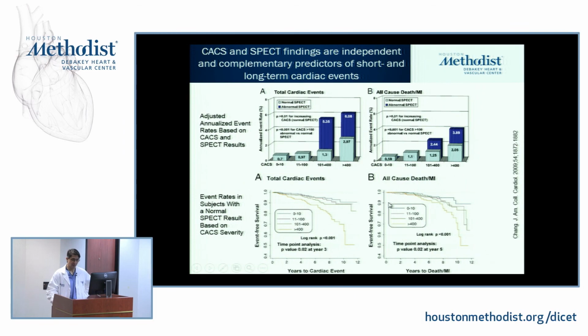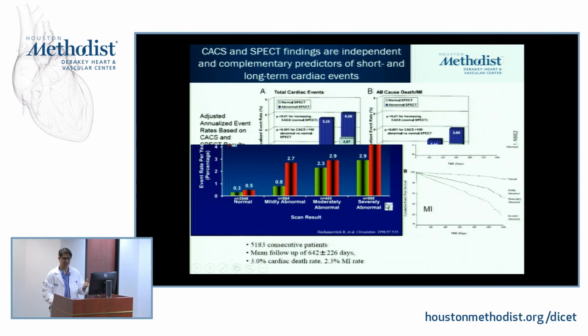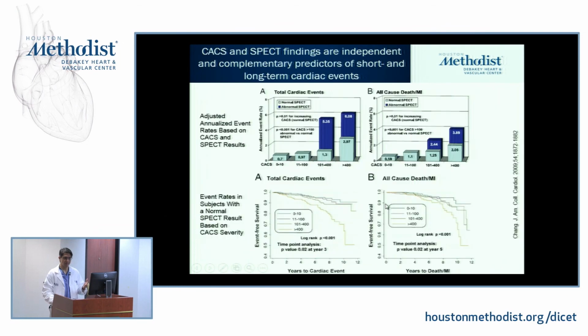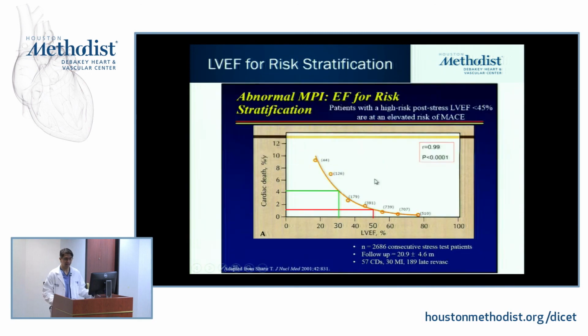All right, so for the sake of time, the rest of my slides go over how cardiac event rates increase as the severity of your abnormality increases. It all kind of makes sense. The more ischemia you have, the worse your prognosis.